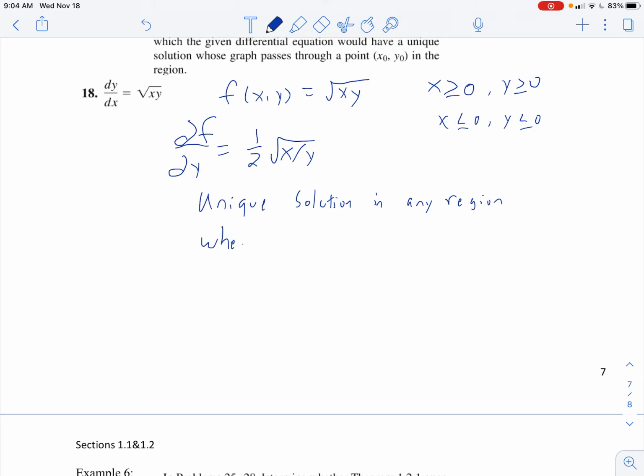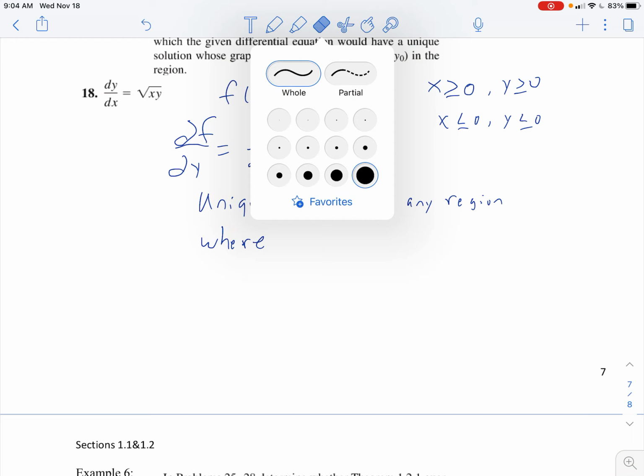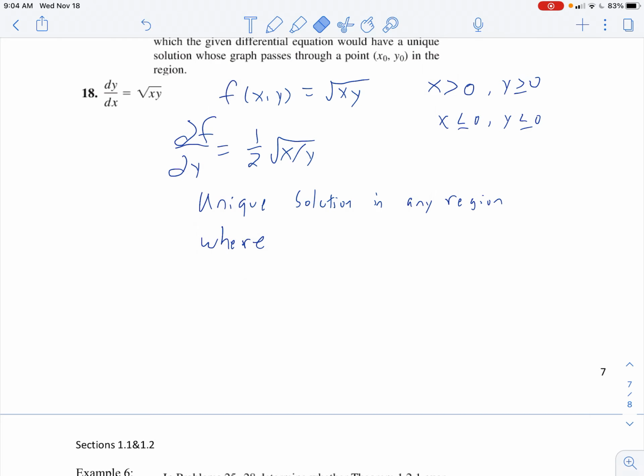where, and because this has to be continuous, we actually don't want those endpoints, because if we're at an endpoint, then we're not going to be continuous on the right side of that. So let's go ahead and get rid of these. And so where x is greater than 0 and y is greater than 0, or x is less than 0 and y is less than 0.